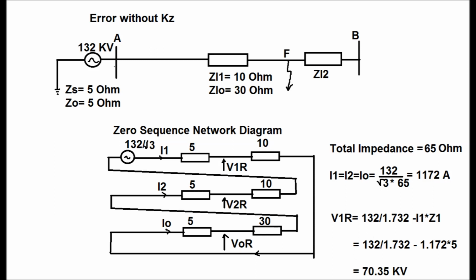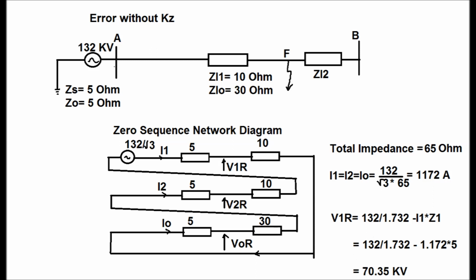Now we first draw the sequence network diagram as shown in this figure. Here the positive sequence, negative sequence and zero sequence networks are in series. Therefore I1 is equal to I2 is equal to I0 is equal to IR by 3. Now the total impedance including the source impedance comes as 65 ohm.